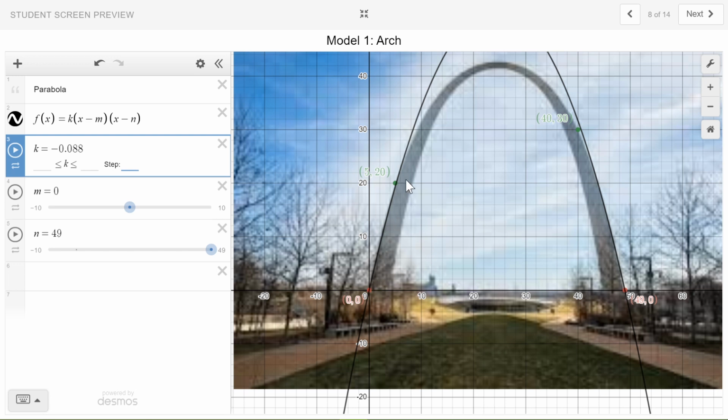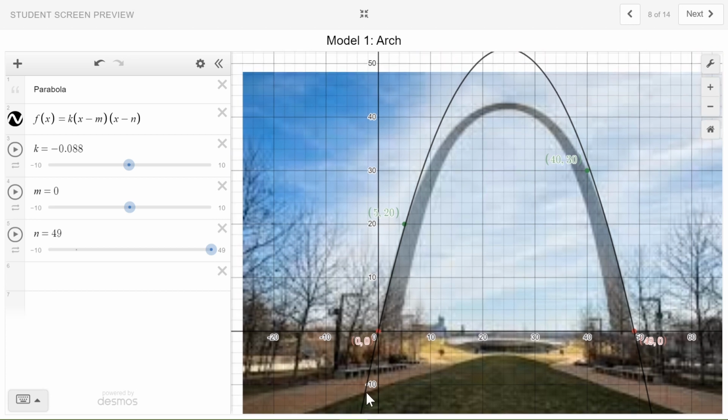So I'm going to say my model is really good in some places and really bad in other places. And that's why I want you to focus on it fitting the curve nicely. And then you go through, write your properties, but I'm not going to go do that again. I'm going to leave this for you to do.